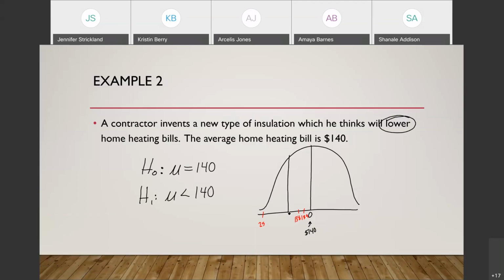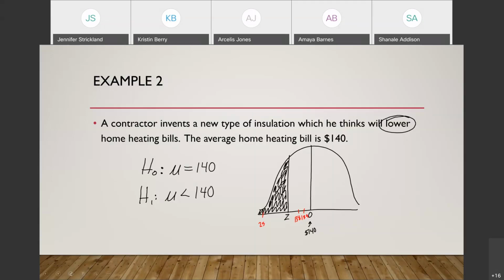So again, somewhere on that side, there's this dividing line between the numbers like 139 and 138, 137, where we don't care, and the numbers like 25, where we're buying new insulation, right? We're shading significant difference. So we're shading everything on this left tail. Z-score separates shaded from unshaded. That's the critical value.